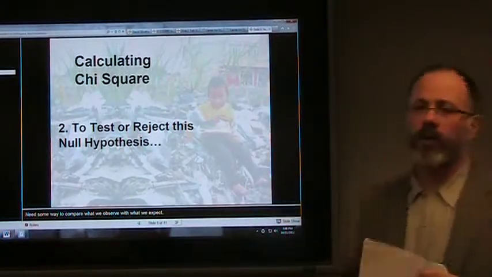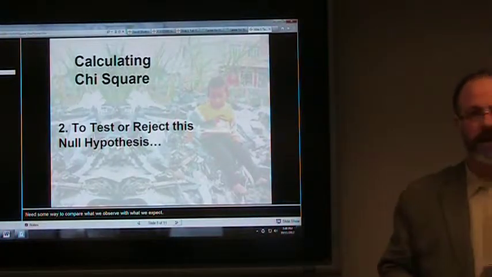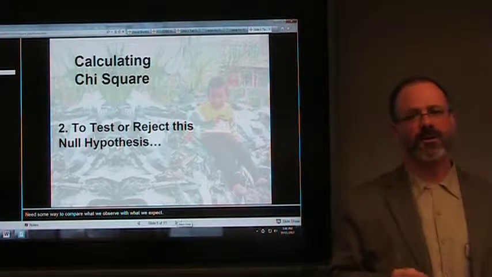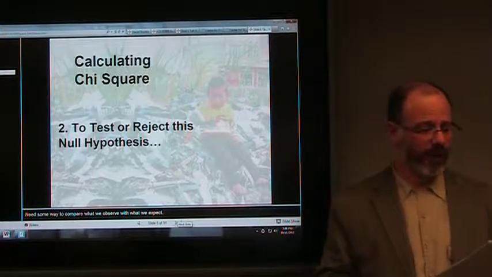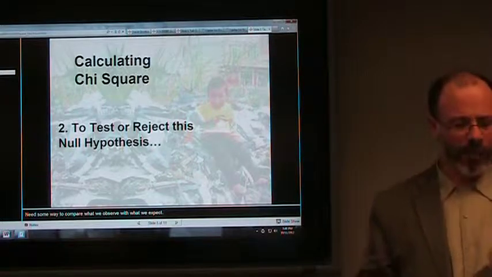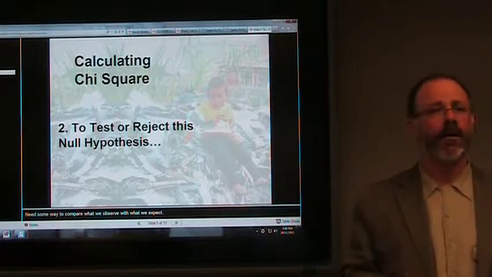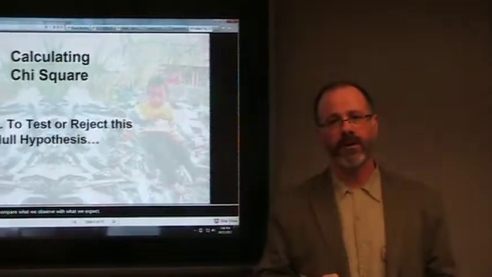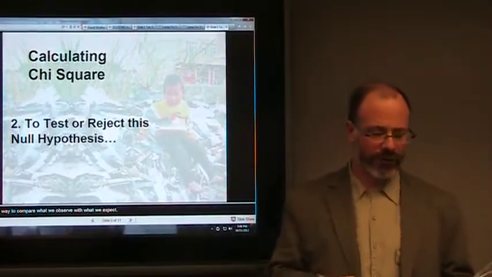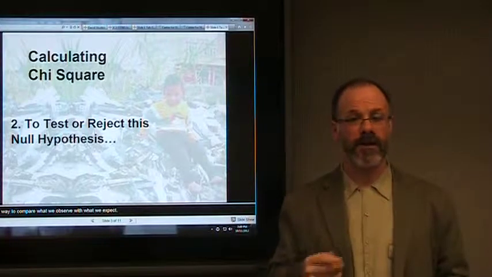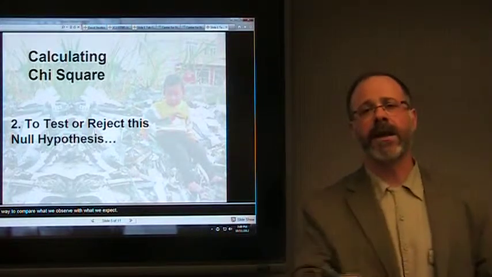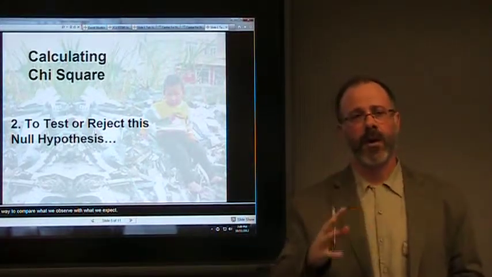So what we want to actually do is to test or try to reject the null hypothesis. We need to come up with some way to compare what we observed versus what we expect. Now the observed is the data that we actually collected.